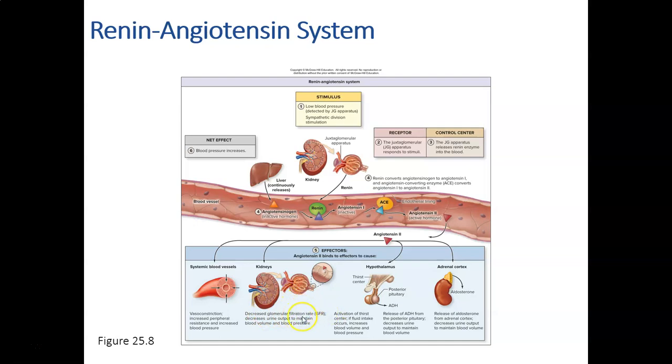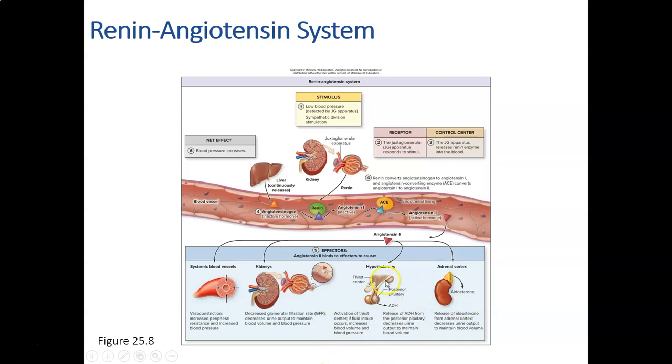Remember that less filtrate is going to be generated. That's directly influencing filtrate production. But it also works on the thirst center of the hypothalamus, to increase the fluid intake.